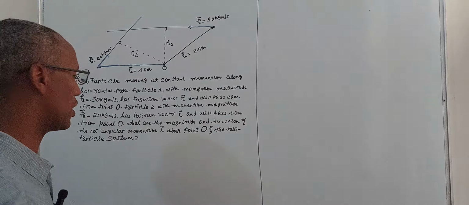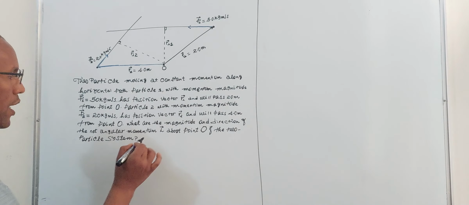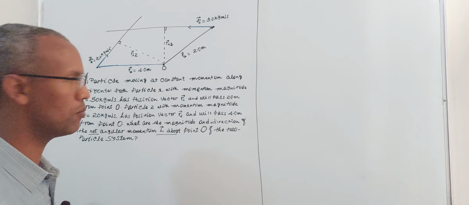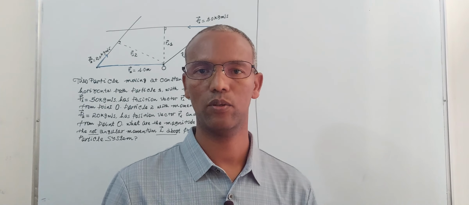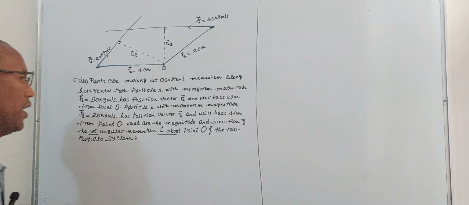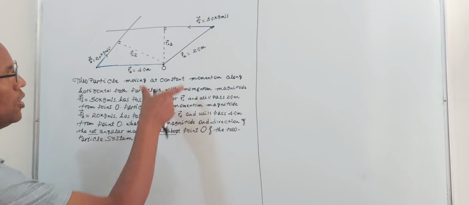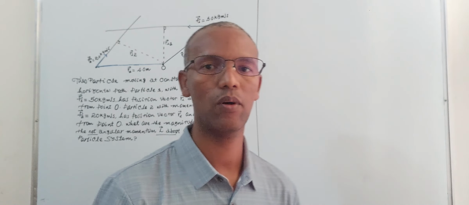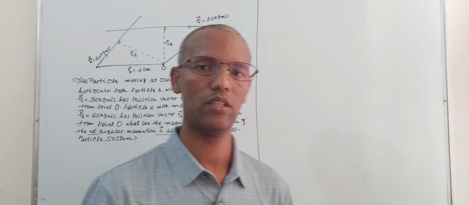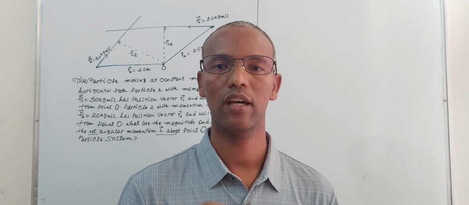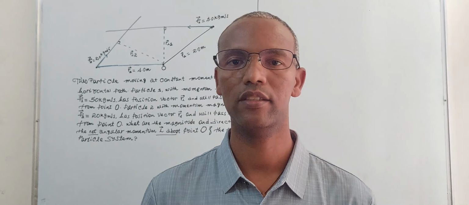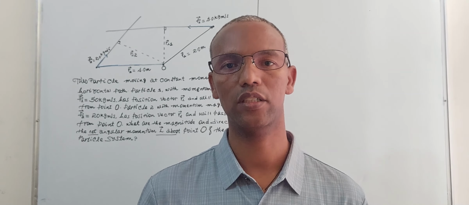Like I said, we are going to solve for the net angular momentum of this system, which has particle one and particle two. To find the net angular momentum, you need to understand the given terms.